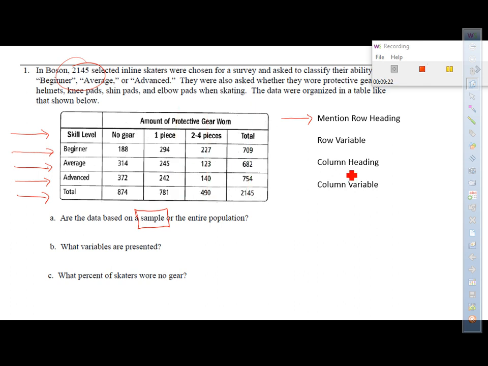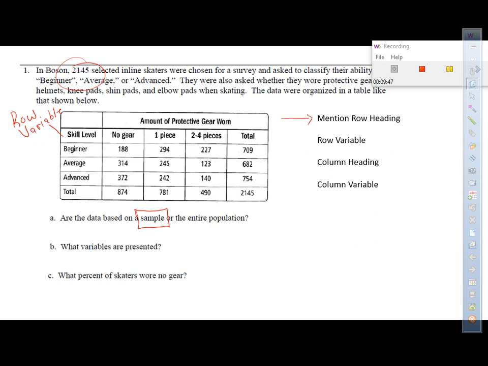So my row headings and row variables are here. Right here, this skill level, that's called your row variable. Remember the definition of variable? Something that could be measured, counted, or classified. I am classifying your skill level as beginner, average, or advanced.